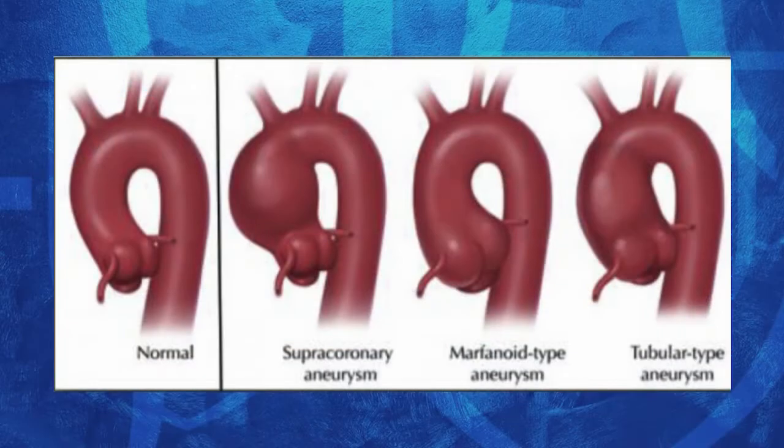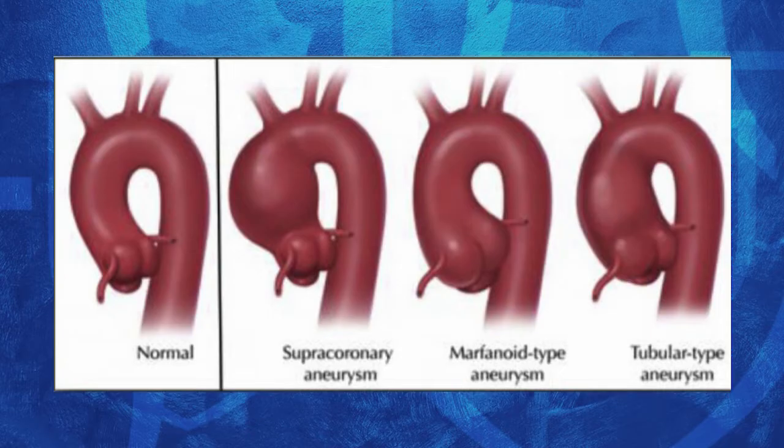As everything in life comes in different flavors and sizes, there are patterns or types of dilatation or aneurysm of this aorta within the chest. You can see to your far left that there's a normal aorta. It looks basically like a hose, and the size is kind of homogeneous.